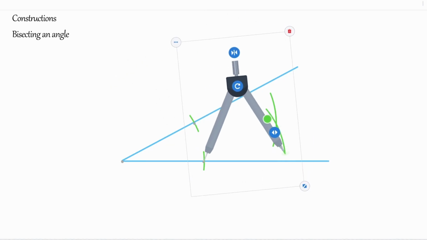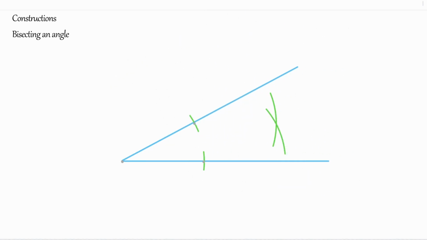So we can now see that the second set of arcs that we drew are intersecting each other. And what we now have to do is just take a ruler and draw a line going from the part where both the lines meet through the point of intersection of those arcs. So what we have done here is that we have now bisected our angle into two equal parts.